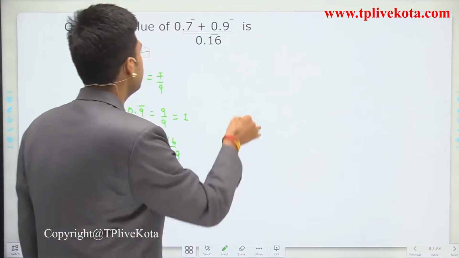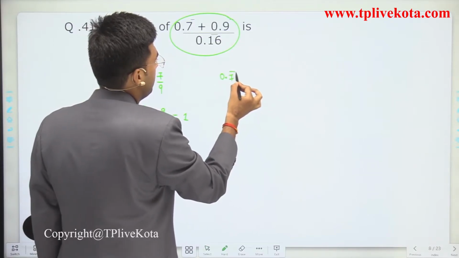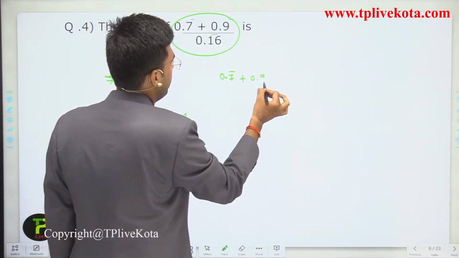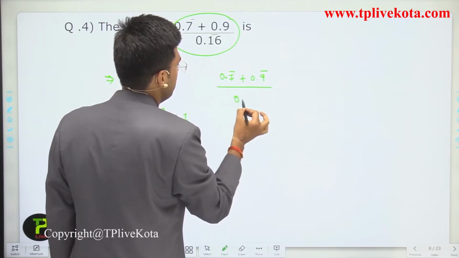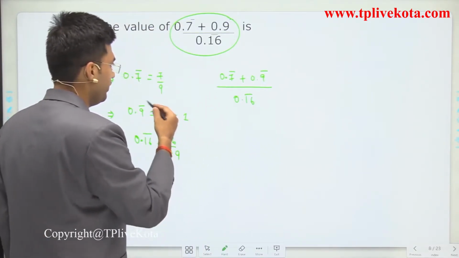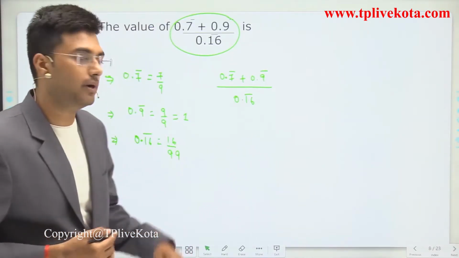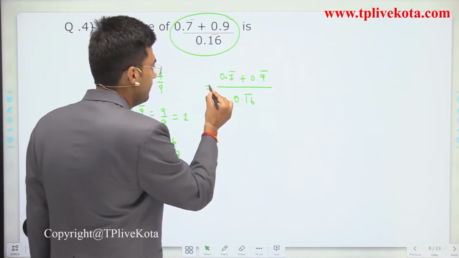Now replace it in this form: 0.7 bar plus 0.9 bar divided by 0.16 bar. Now when we replace the values of 0.7 bar, 0.9 bar and 0.16 bar, what will we get?